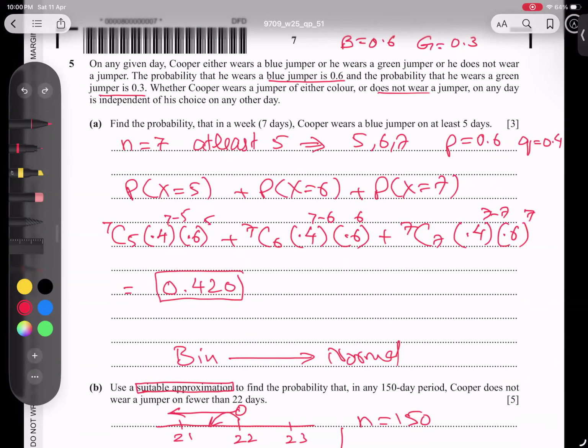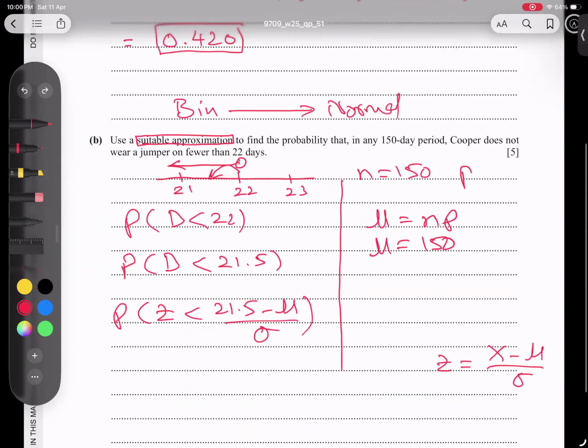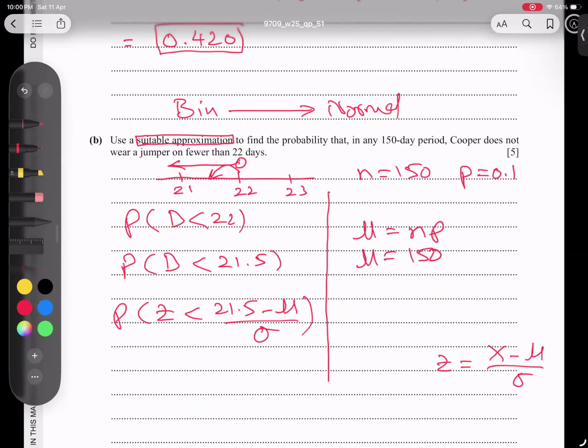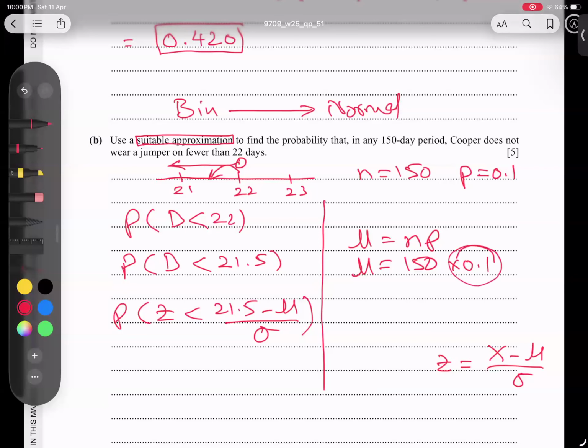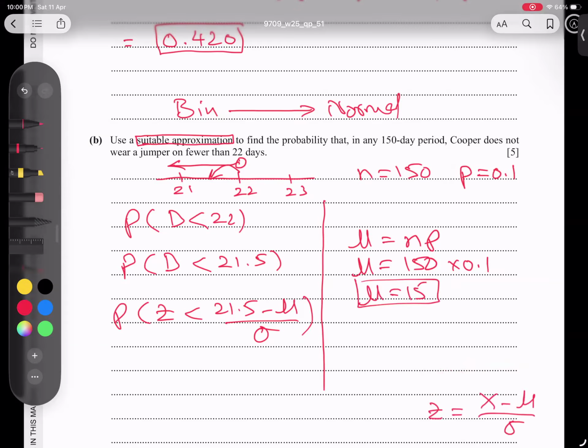So P is 0.1. The mean value is 0.1 times 150, as 1 by 10, and the zeros cancel out, so the mean is 15. And how do we find the deviation, students? The formula is the root of npq.